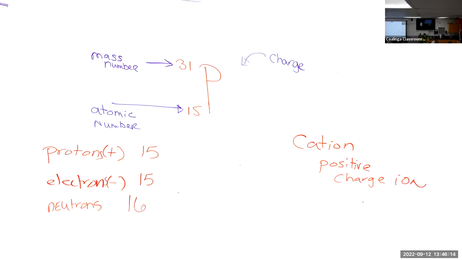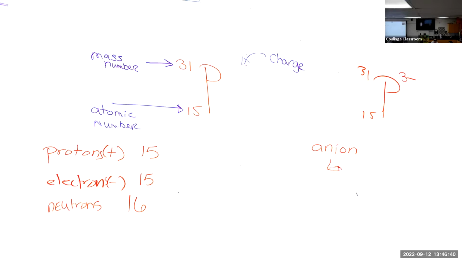Okay, now let's say we make it into an ion. It's negative now. A negative ion is called an anion.